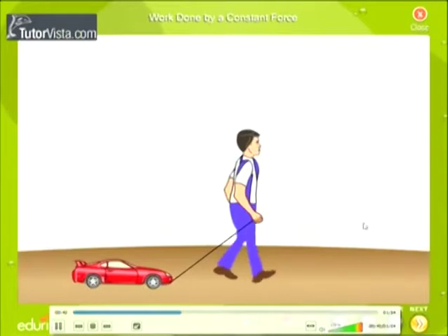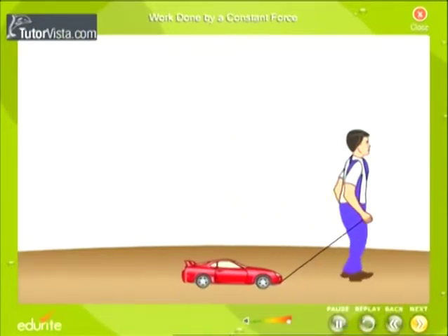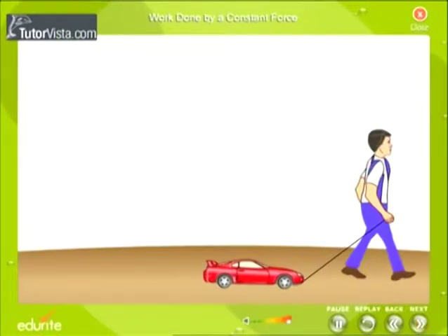Now let us calculate the work done by the force when the boy is pulling the toy car as shown here. Here the car does not move in the direction of the applied force. That is, the force and displacement are inclined to each other. In such cases, the product of the displacement and the component of the force in the direction of the displacement gives the work done.